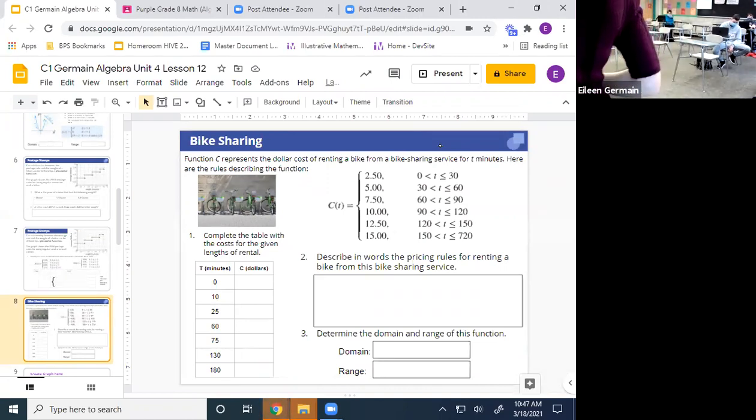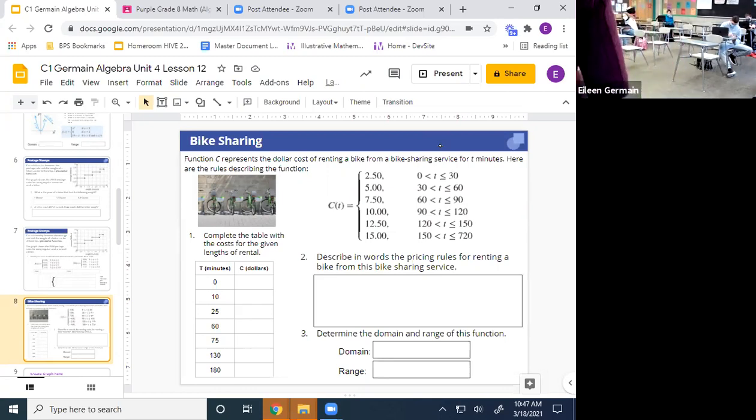And we are going to be looking at a function that's representing the dollar cost of renting a bike from a bike sharing service for T minutes, where here are the rules describing the function. Okay, so T is representing time in minutes. So from 0 to 30 minutes, and then we have our other intervals down below.